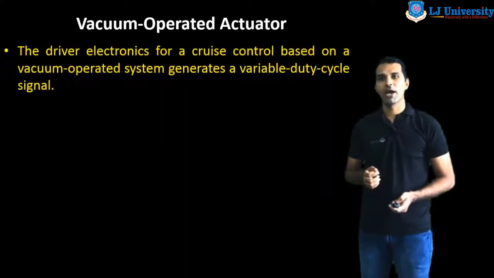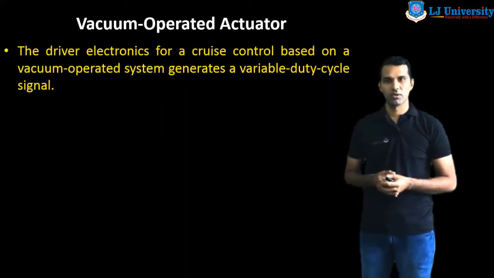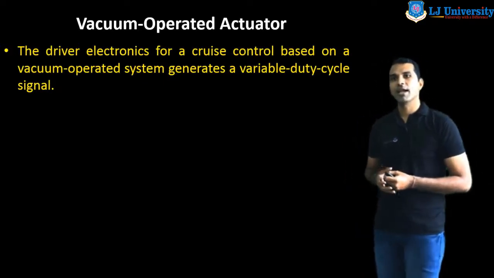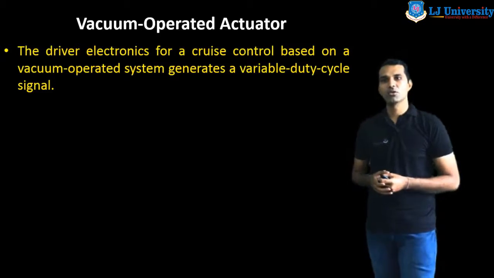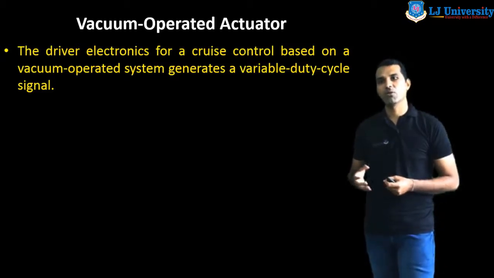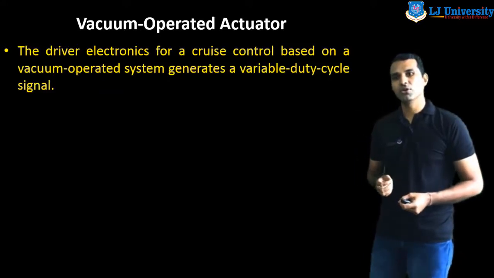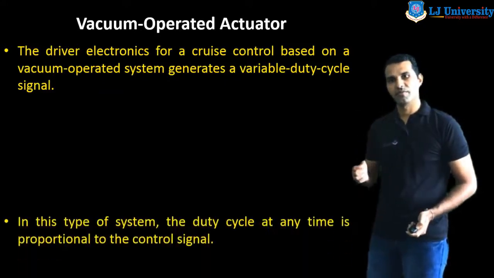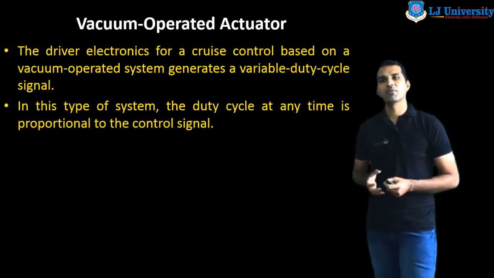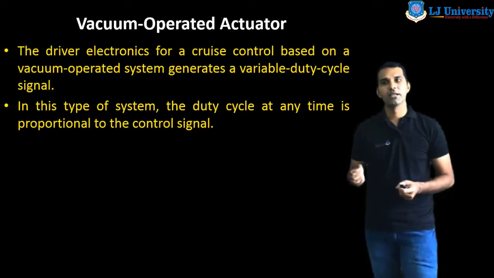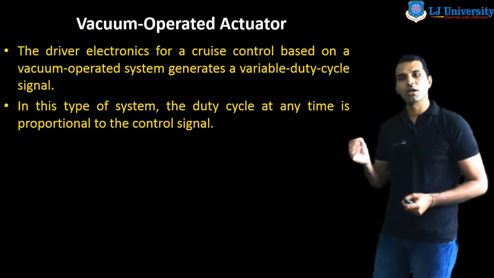Now we discuss the vacuum-operated actuator. The driver electronics for a cruise control based on a vacuum-operated system generate a variable duty cycle signal. In this type of system, the duty cycle at any time is proportional to the control signal.